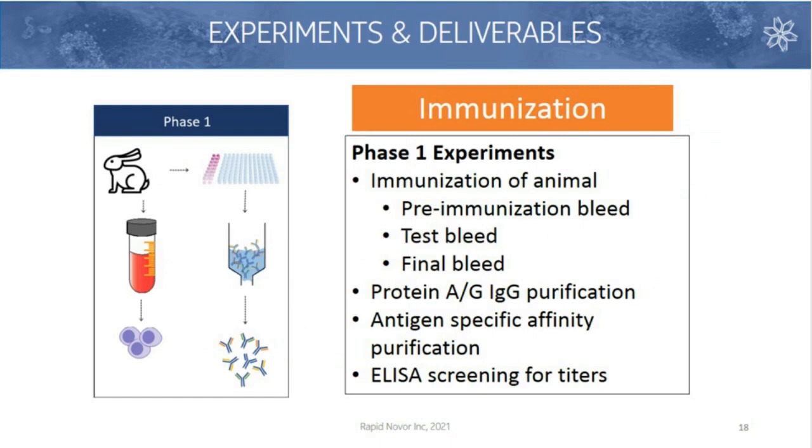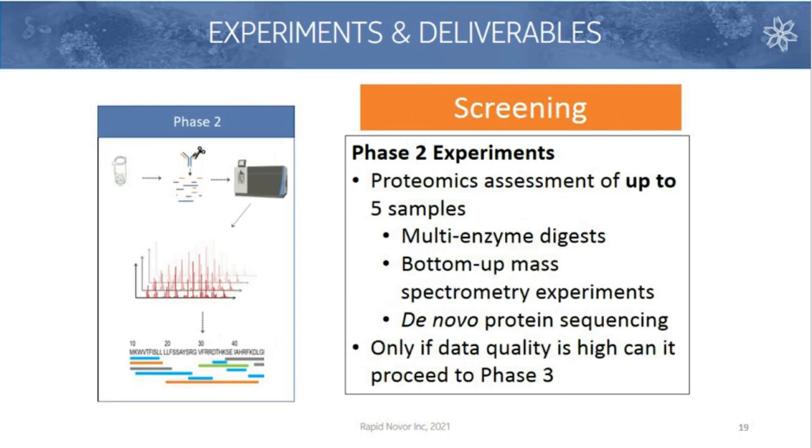We like to do a protein AG purification to pull down only the IgGs in the serum, and then subsequently perform an antigen-specific affinity purification so that we're only going to be pulling out binders against your target of interest and leaving everything else washed out. Of course, we're going to do an ELISA screening for titers, so hopefully we're getting high titer rabbits or patients. But of course, the real test is going to be in phase 2.